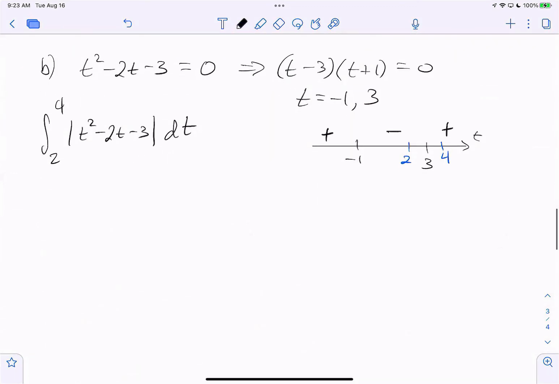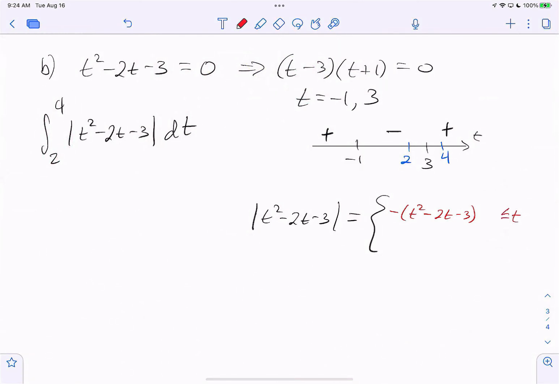Now I'm going to express that absolute value of t squared minus 2t minus 3 in terms of a piecewise defined function. It's the negative of t squared minus 2t minus 3 when t is, focusing only on the interval we're talking about from 2 to 4, between 2 and 3.